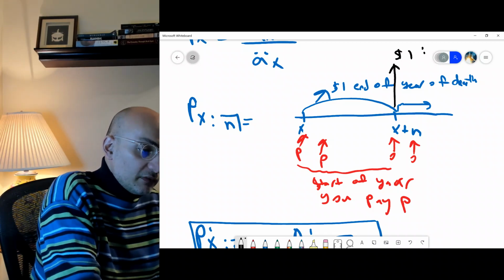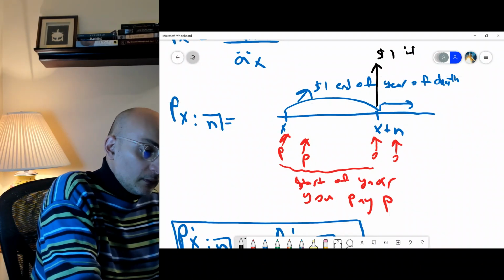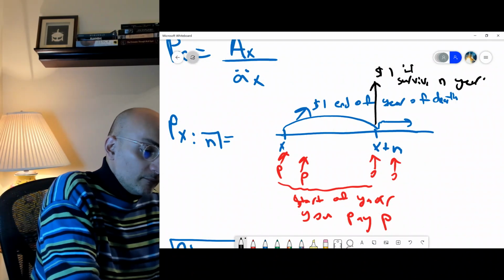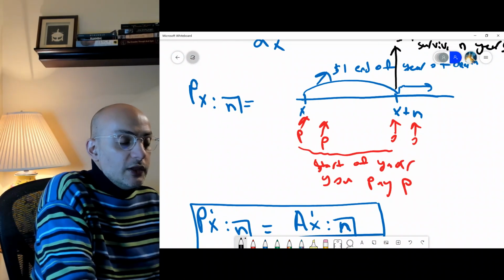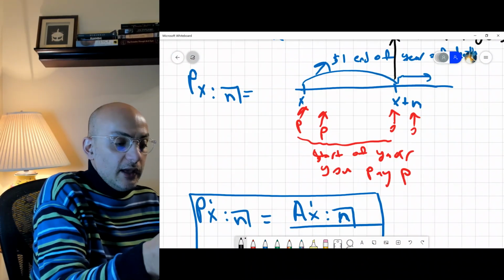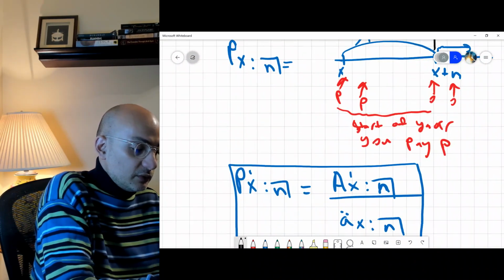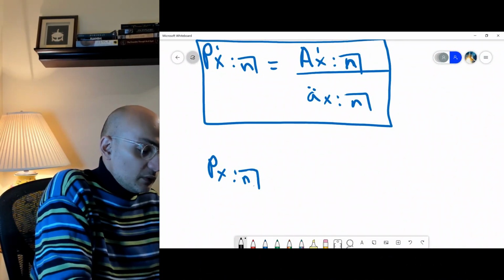So $1 is paid if death happens within n years, and $1 if the individual survives. This is this one, straightforward.